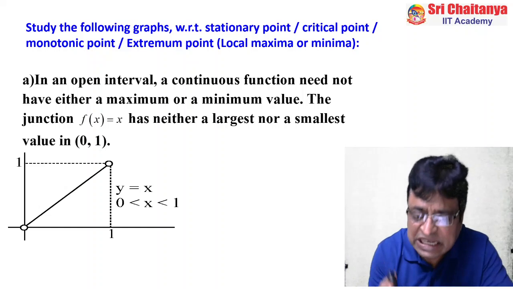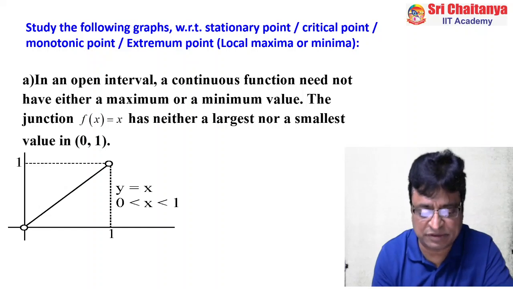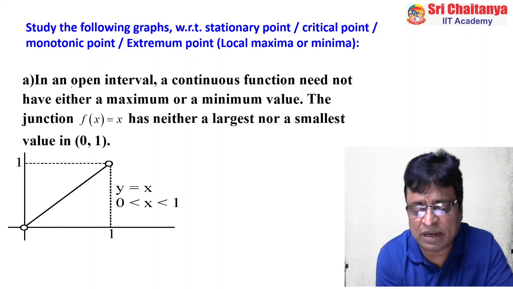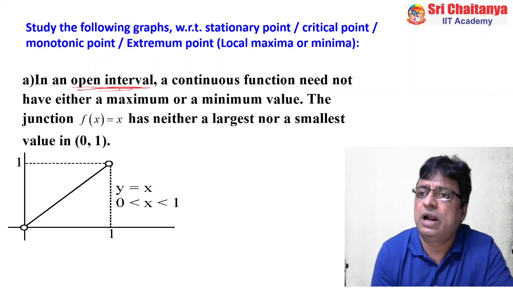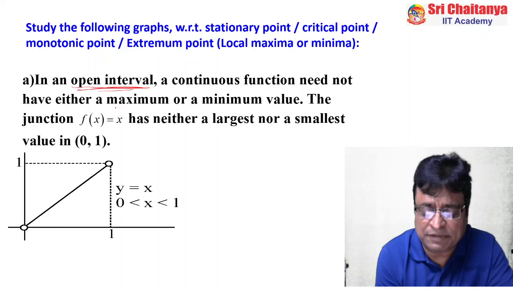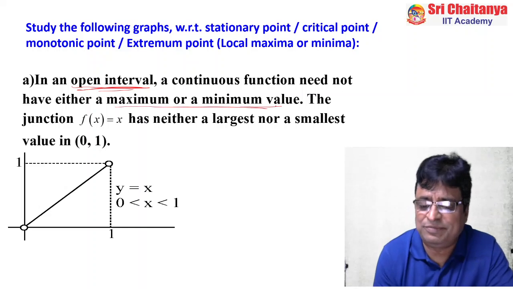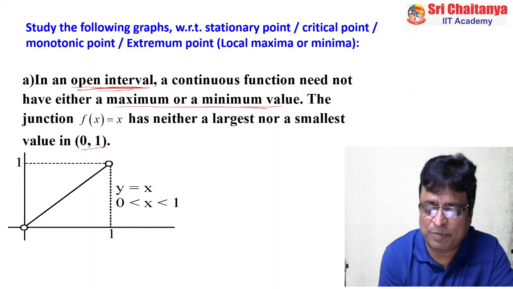Now, see some of the standard models and important points to identify stationary points, critical points, monotonic points or extreme points. These are some standard and suitable examples. Whenever an open interval is given for you, it may not be possible to find the maxima or minima value. Suppose y equal to x is taken in the open interval 0, 1.